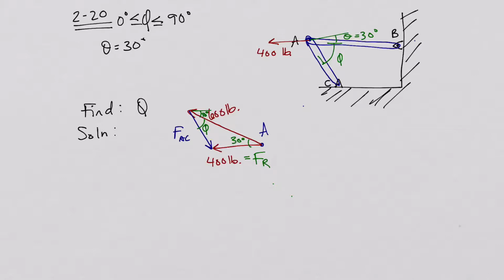And for the law of sines, we'll need to know the opposite angle and the magnitude, so the length of those triangle sides. For example, we would need to know FAC and the 30 degrees, and then we know the 400 pounds, but we don't know phi. If we knew this angle right here, that would also help.